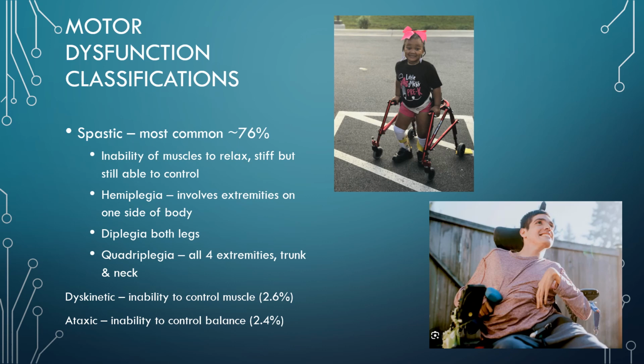In general, cerebral palsy is motor movement deficits, so they don't typically have cognitive problems. That means that they are wonderful kids with great personalities, normal intelligence, high functioning, just difficulty with the movement piece.